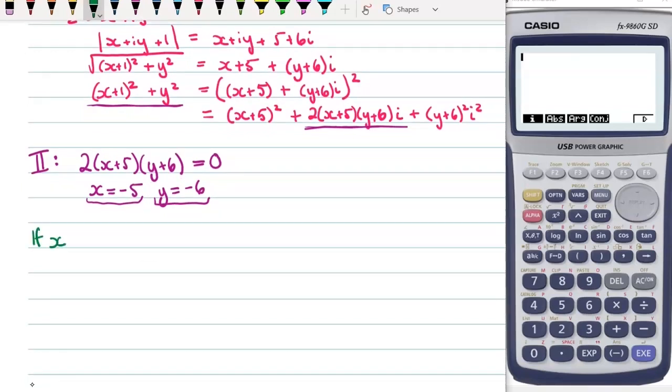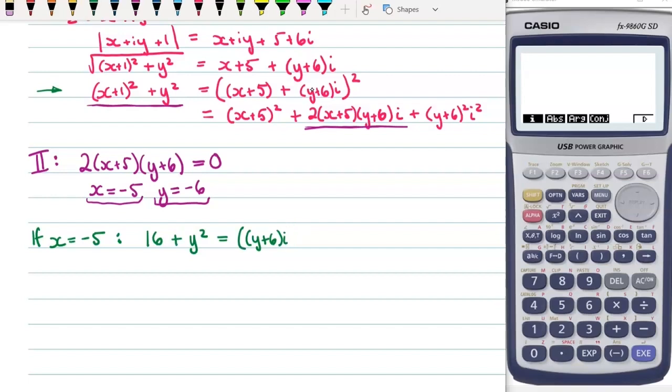So if x equals minus 5, looking at this line here, we would have x plus 1 is 6, or no, wait, it's a minus 5. So minus 5 plus 1 is minus 4, and then square it, we get 16 plus y squared is equal to, well, minus 5 in here, plus 5 is 0, so we'll just have y plus 6i squared.